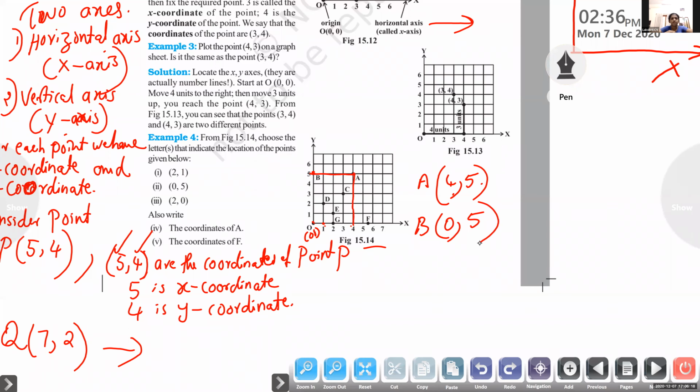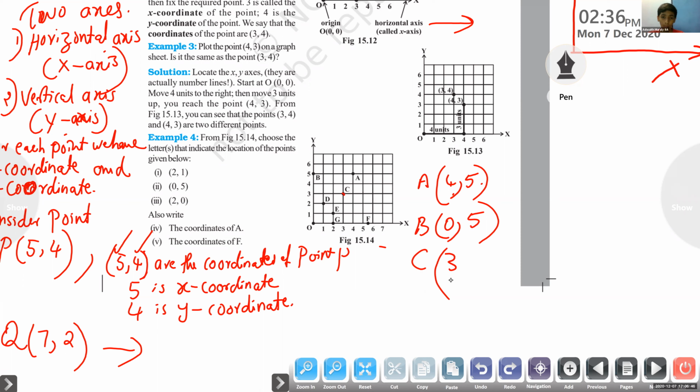Now see, Advait Murali, coordinates of C. C, here. Can you see that? Yes. C. X coordinate is? 3.